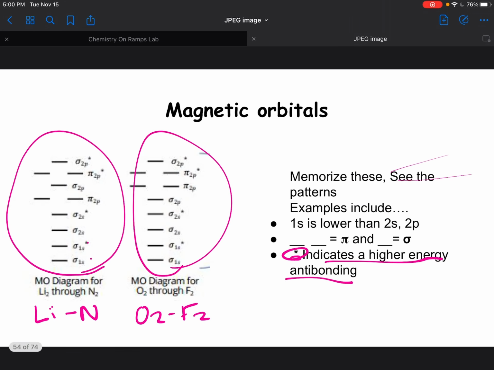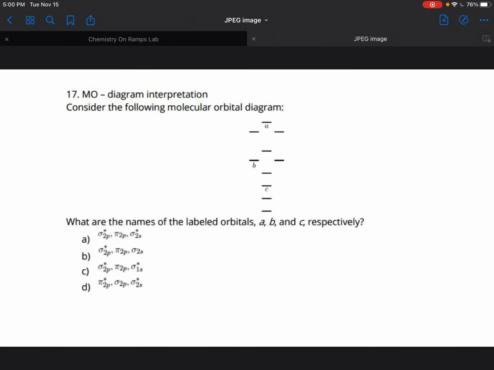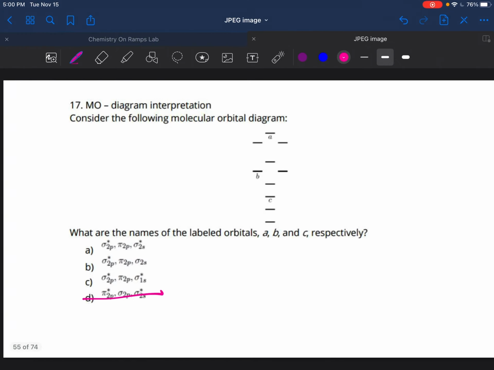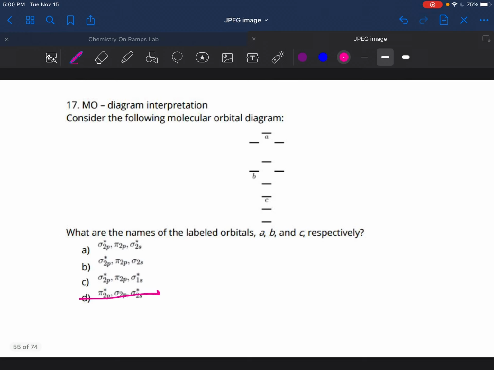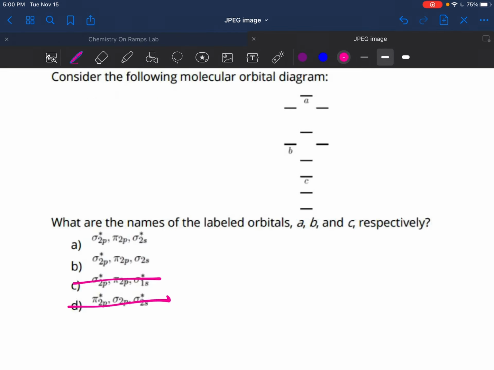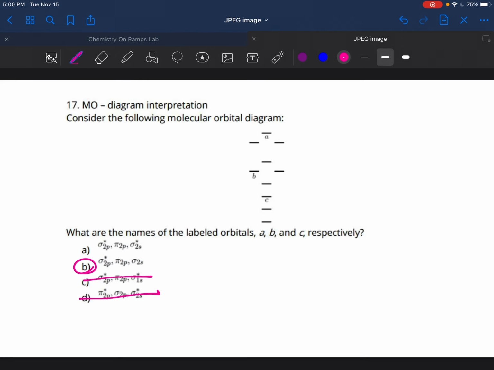And then B would be pi 2p. So that knocks out the bottom. And then C is going to be sigma 2s. And we have to pay attention that it is the non-asterisk one. So B would be our answer for that question.